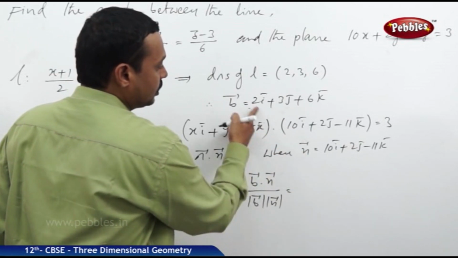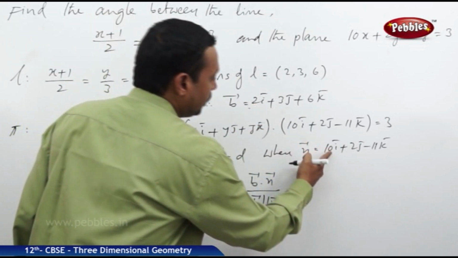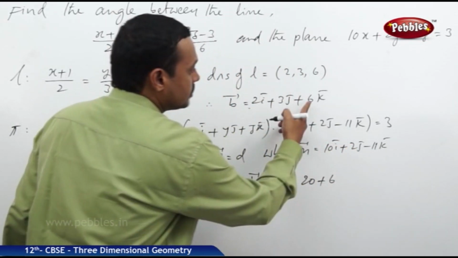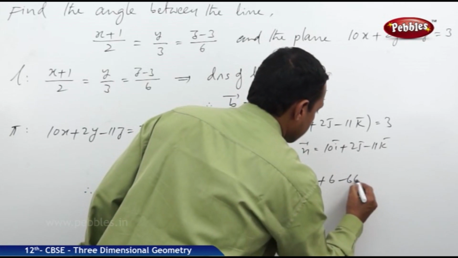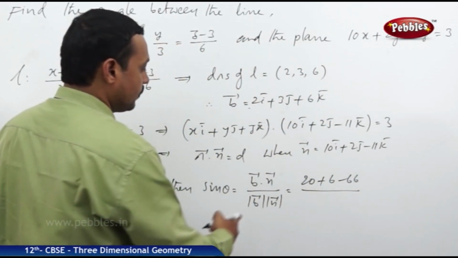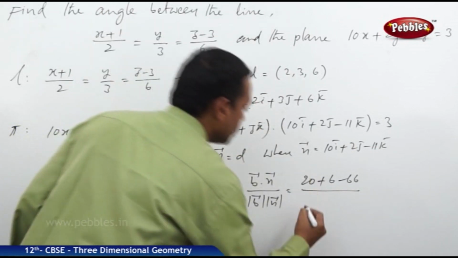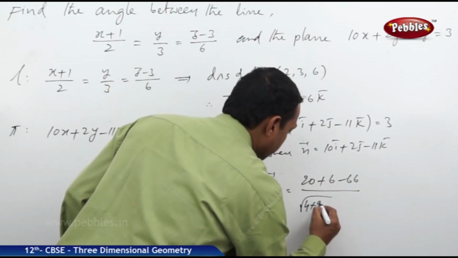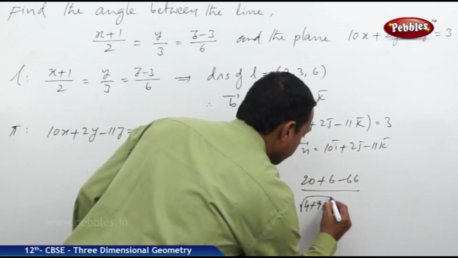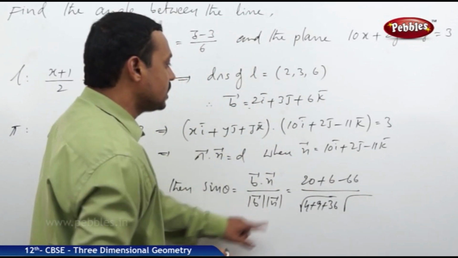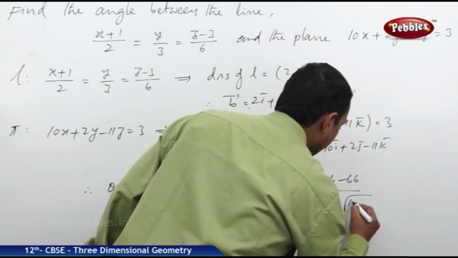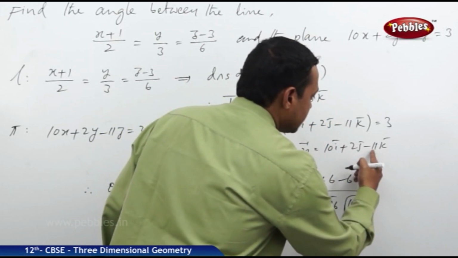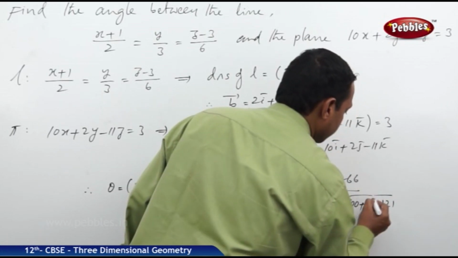Applying the dot product between these two vectors: 2 into 10, 20, 3 into 2, 6, 6 into minus 11, minus 66, whole divided by the modulus of b vector, that is root over 4 plus 9 plus 36, into the modulus of n vector, root of 100 plus 4 plus 121.